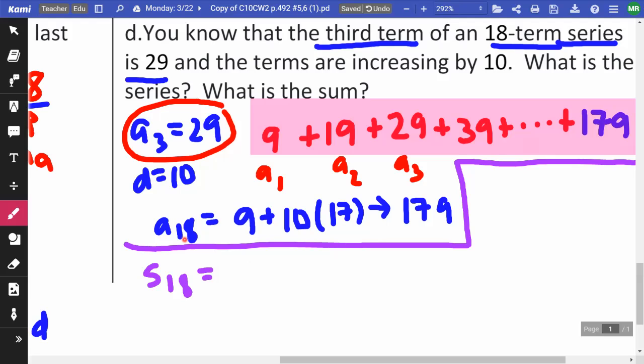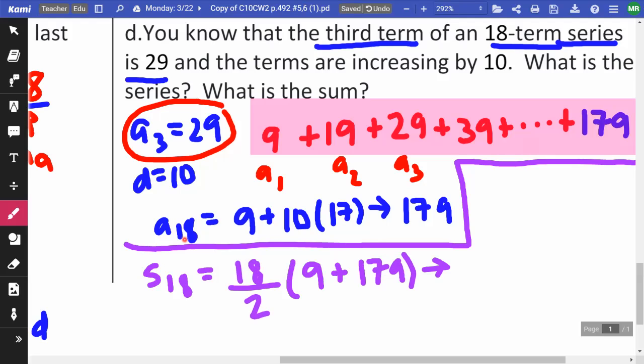I have 18 divided by 2, and I'm going to take my first term, which is 9, and my last term, which is 179. So 9 plus 179 is 188. Times 9, because that's what 18 over 2 is, I get 1,692. And that's my sum. So hopefully that helps.